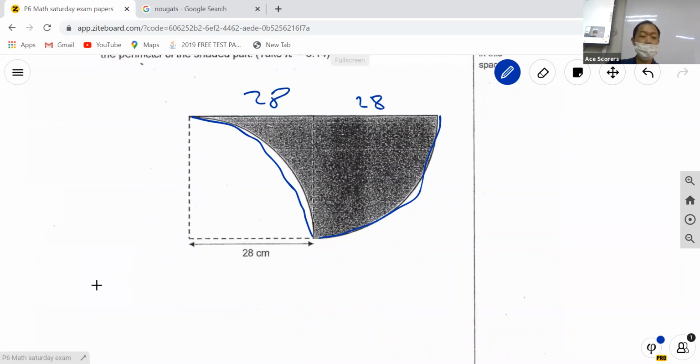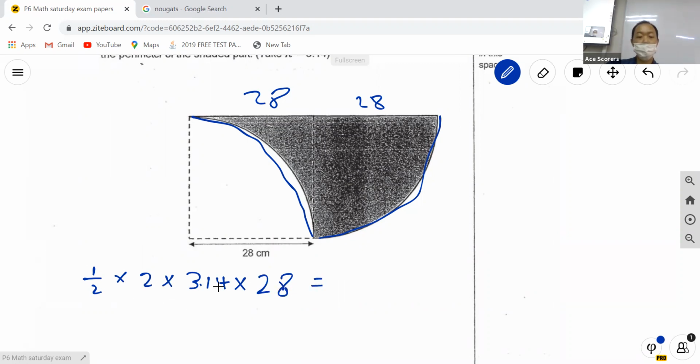So all we have to do is find the perimeter of the semicircle, which is half times 2 times pi times r. Two quadrants equal 1 semicircle. So half times 2 pi r, with r equal to 28, equals 87.92.